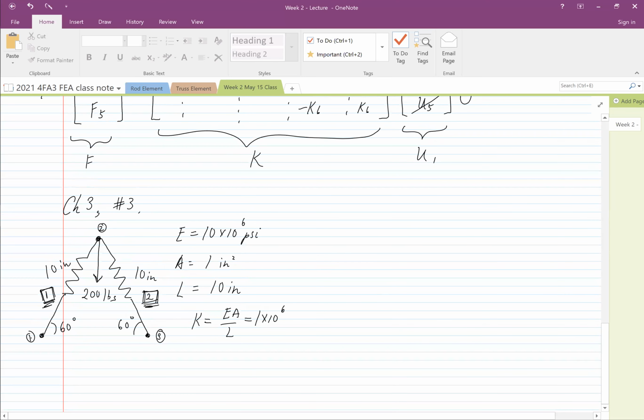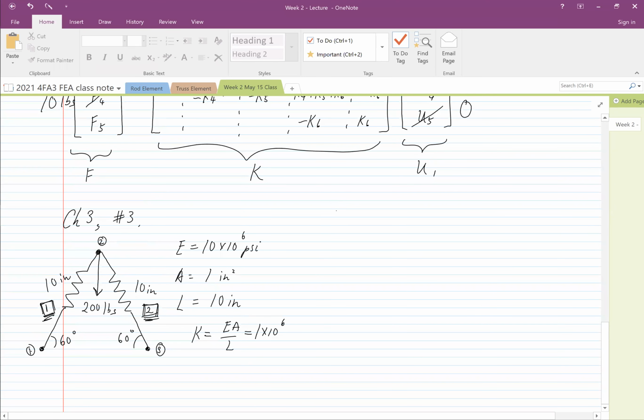Now, for any truss element matrix or truss element problem, I prefer to see an information table. Trust me, it is good for you, good for me. So I want to see how you think, and I can mark you accordingly, okay? For the information table, what does it include?